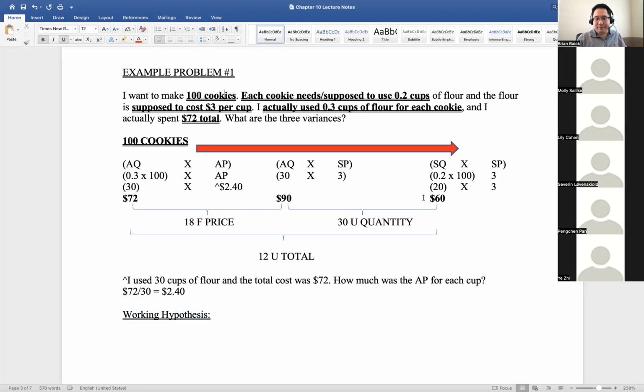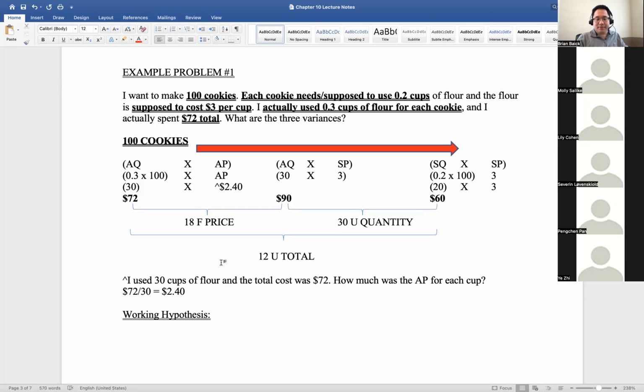We think it's supposed to cost $60 to make 100 cookies. Actually, it costs $72, right? The middle is only there so that you can create 3 variances. Okay, we are $12 over budget, right? In total, we are $12 over budget because I think it's supposed to cost $60 to make my cookies, but really it's 72, so we are $12 over budget, right?